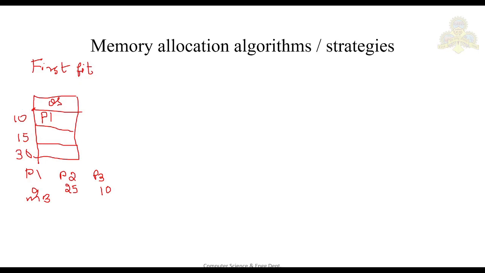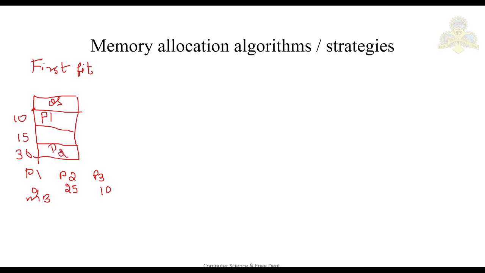Either way you can do it. Process P2 is 25 MB and the second free space is 15 MB, so you cannot keep it there because the process size is more. You leave this one, then check the third hole. Its size is 30 MB and process P2 is 25 MB, so you can keep P2 here.